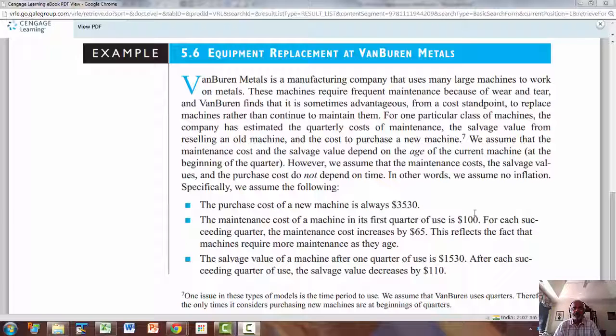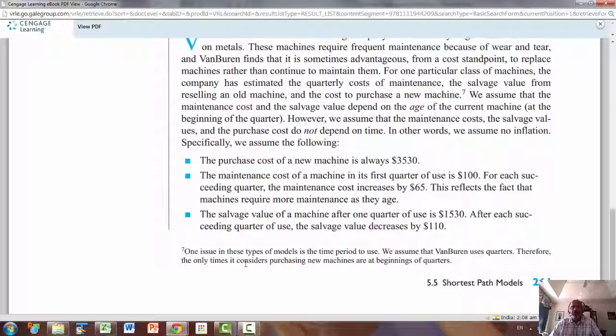And also the company doesn't want to keep a machine for more than 3 years or more than 12 quarters. So a machine that was bought must be kept for 4 quarters and should be sold at the latest after 12 quarters. So that's a given policy decision.